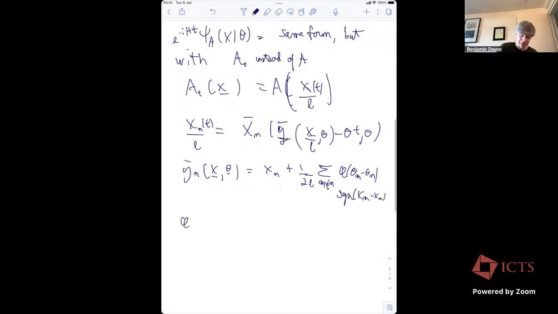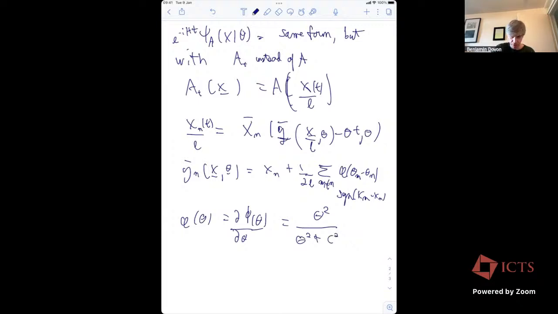Curly phi is just the derivative of the phase of the scattering matrix with respect to theta. And that has a form theta square over theta square plus c square, something like that.